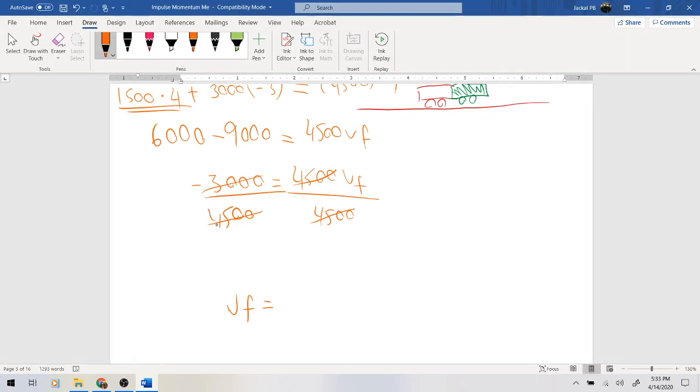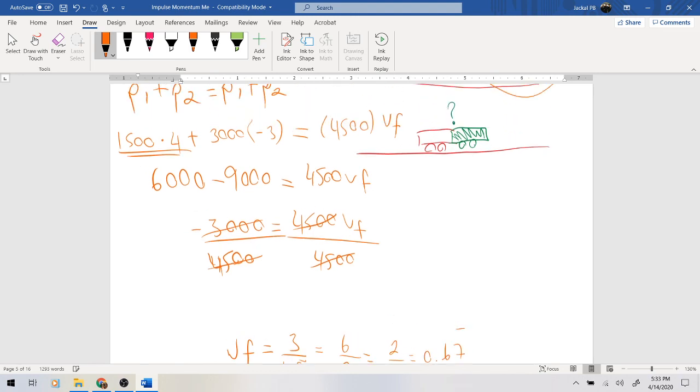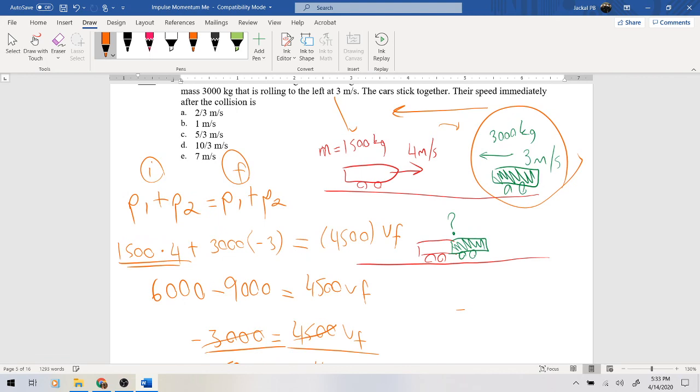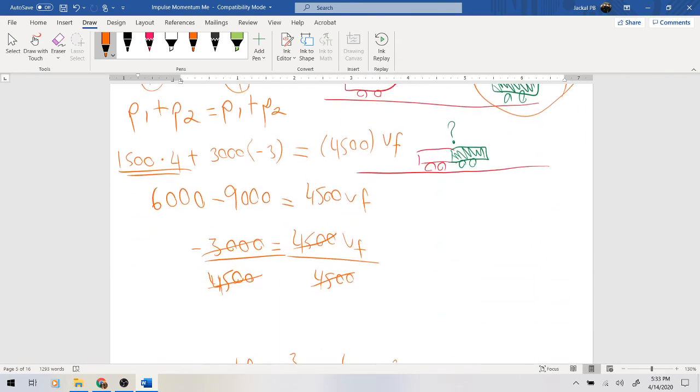So it's 3 divided by 4.5, which is 6 over 9, and this is 2 over 3, which is 0.67, or 2 over 3 (negative, meaning to the left). All right, so basically this is the solution for the last question.